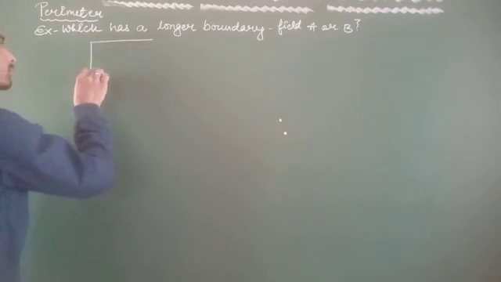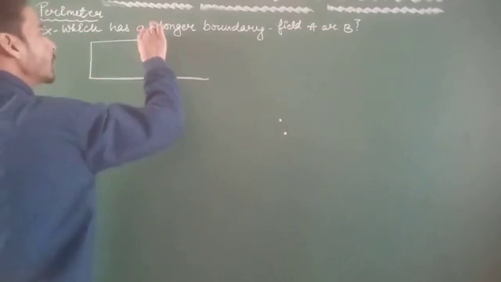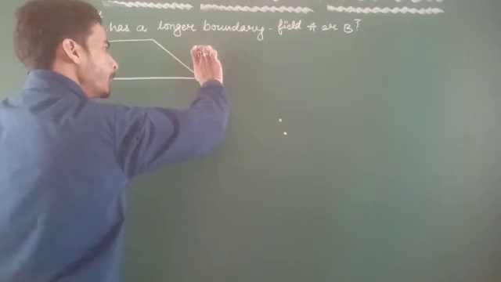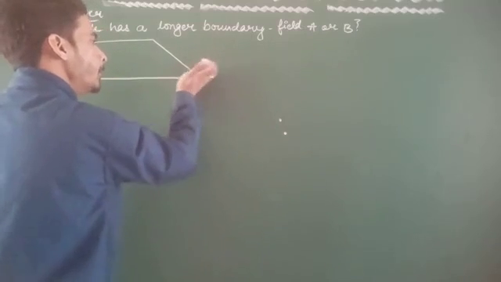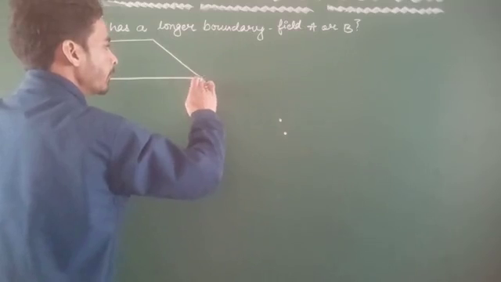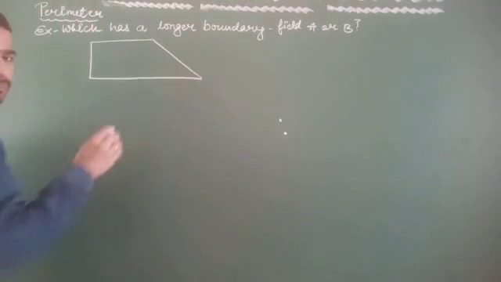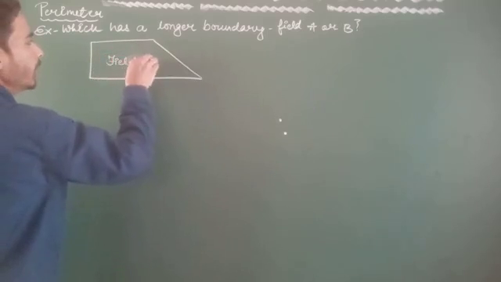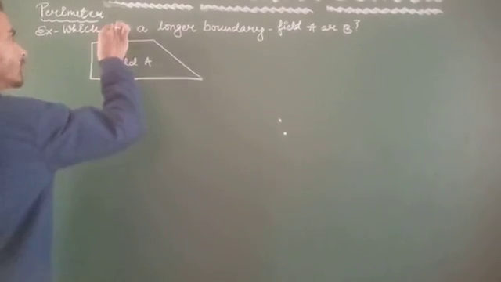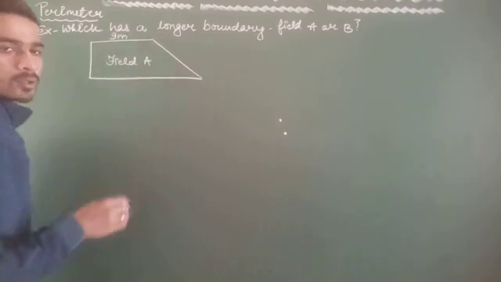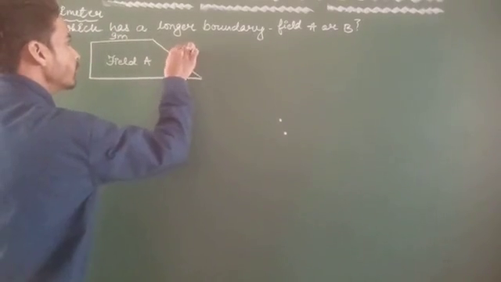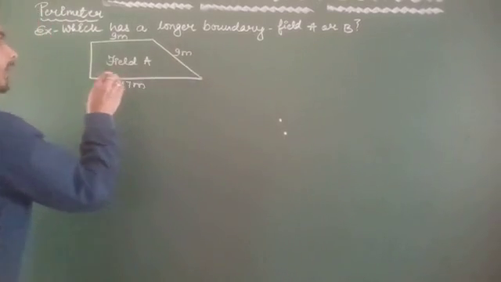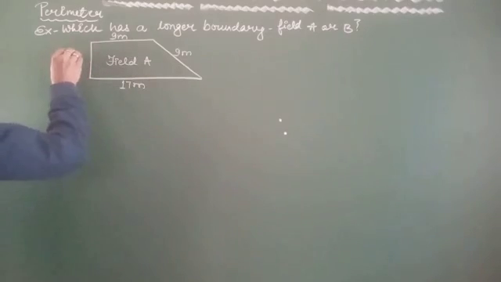Field A has sides 9 meter, 9 meter, 17 meter, and 6 meter.